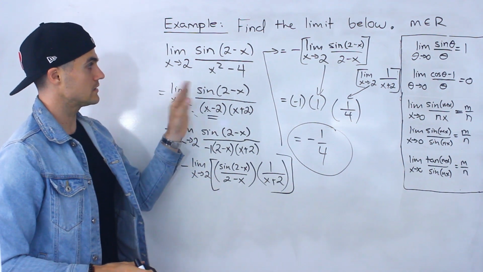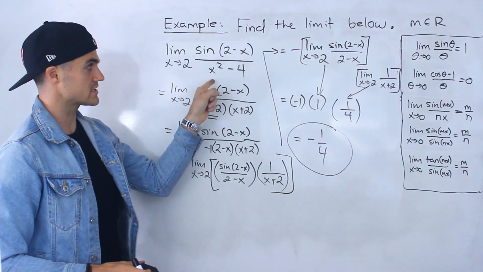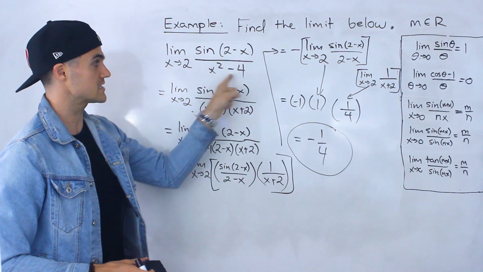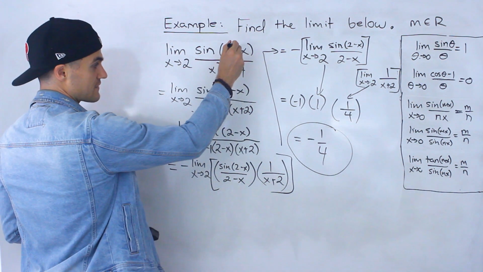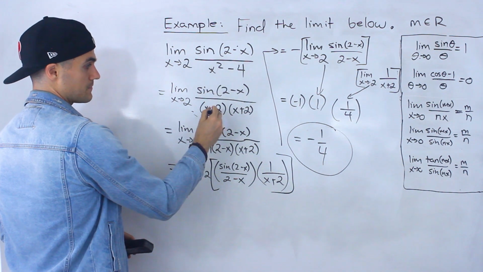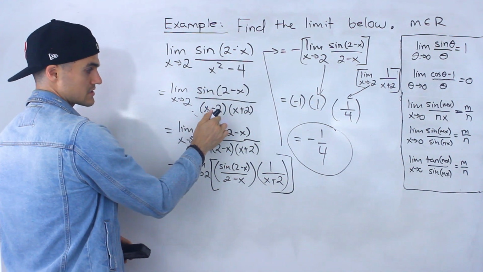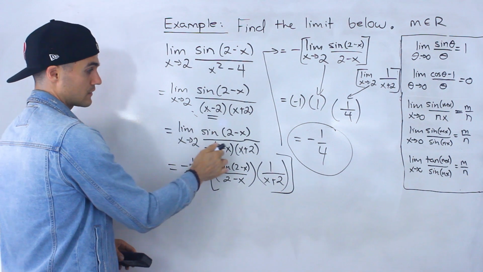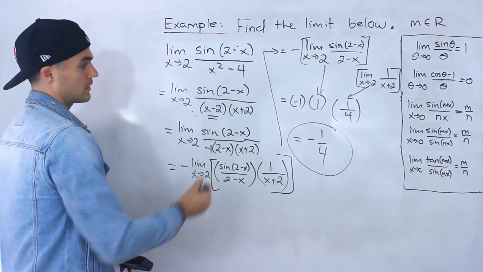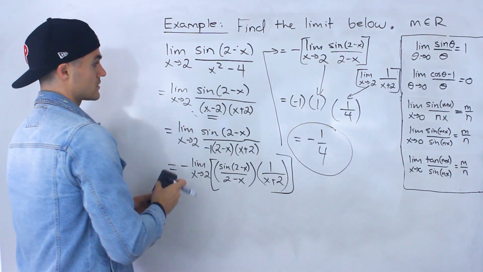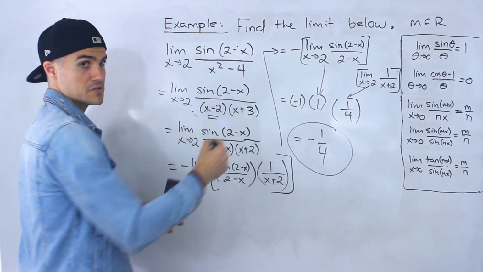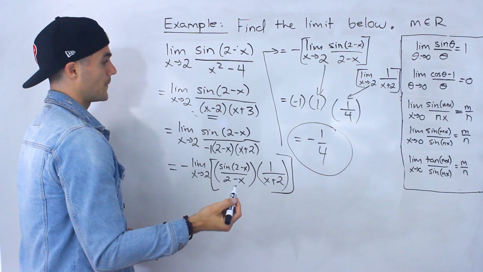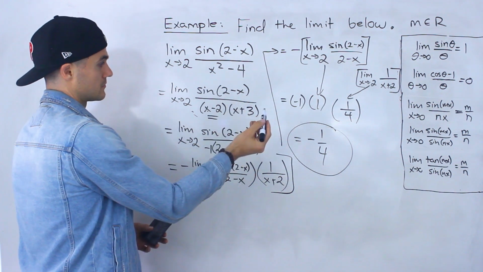So you may run into questions like this where you have to factor. And it doesn't have to be x squared minus 4, as long as this factor is going to be the same as this factor. Sometimes, again, you're going to have to factor out a negative to make it the same. We could have had any factor here. This could have factored to x plus 3, let's say, or x plus 5, or even just an x by itself.